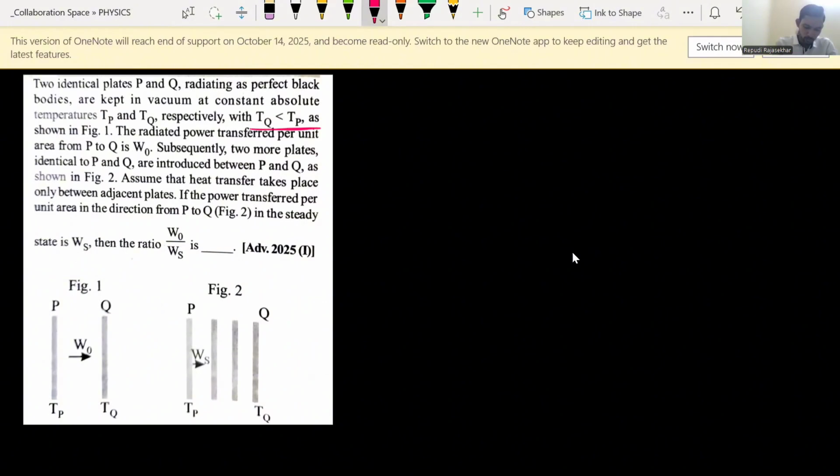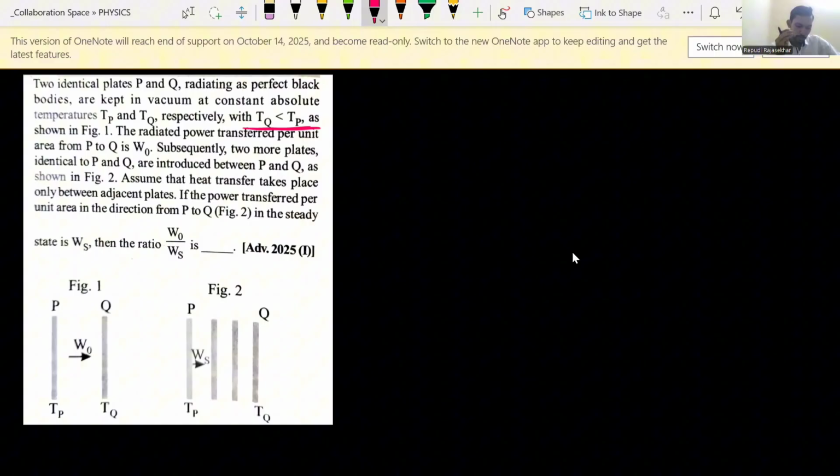Means heat is flowing from P to Q, right? Because P is at more temperature and Q at less temperature, so heat flows from hot body to cold body as shown in figure. The radiated power transferred per unit area from P to Q is W0. This much is the power radiated from P to Q in the first case.